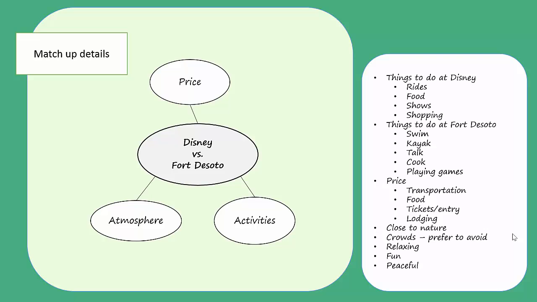We're going to come up with a way to get these details underneath atmosphere, activities, and price. So first of all, we're going to see what's the major supporting details. Those are our two locations, Disney and Fort DeSoto. I can pull that out. This is a great way to organize a comparison essay.